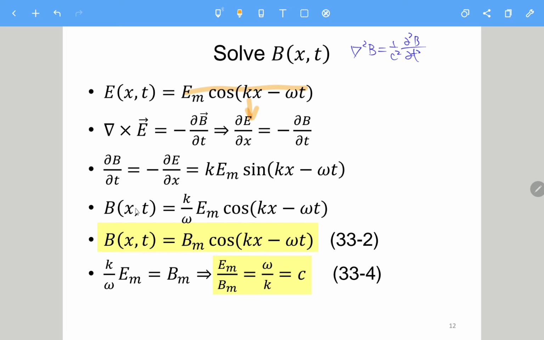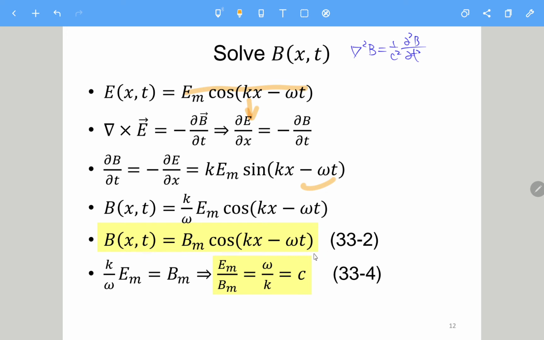So we get B of x,t, and then sine becomes negative cosine, and then we need the chain rule with respect to t, so we need to divide by negative omega. So this negative cancels with that negative, so we still get a plus sign here, and then we have k over omega because of the chain rule. So we get k over omega E_m cosine of kx minus omega t.